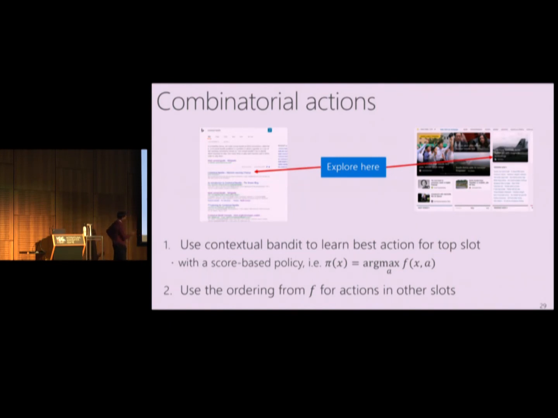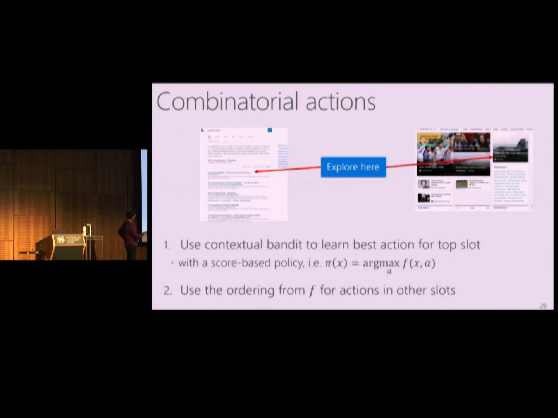One twist we can have is to use a particular type of policy class, which is what I might call a score-based policy. What I mean by that is that for every context-action pair, I predict a number, which is what I think is going to be the reward if you take that action in the context. So higher is better. And then my policy is to just take the action which I think gets the highest reward.